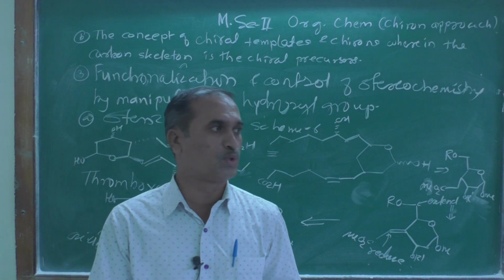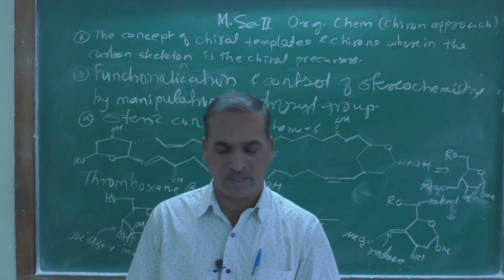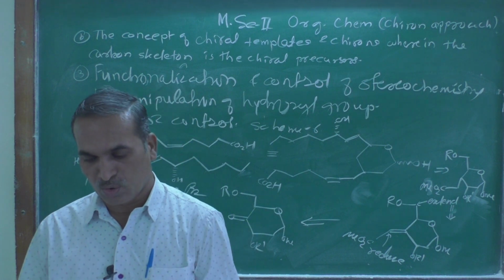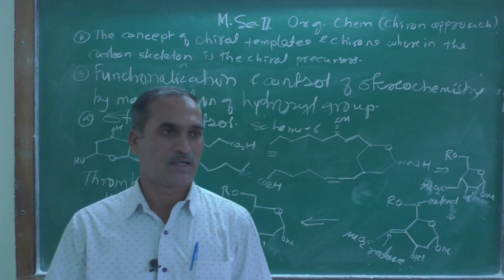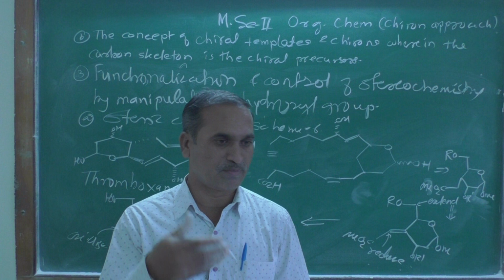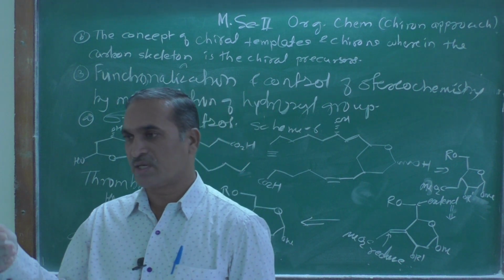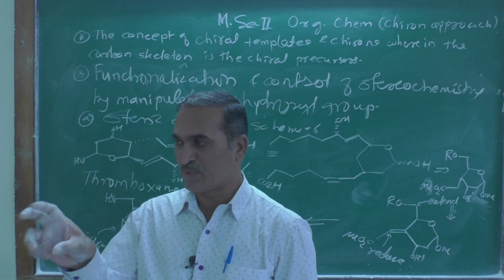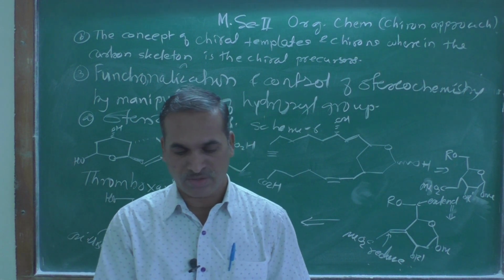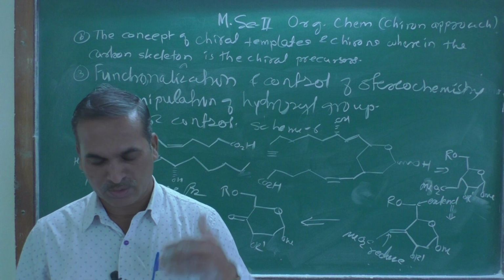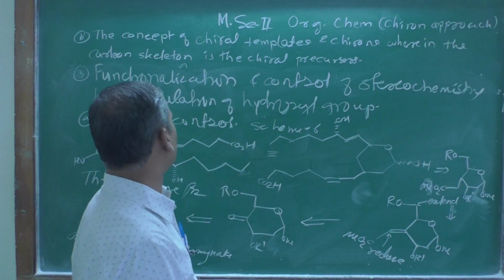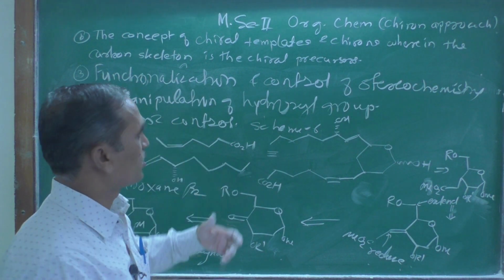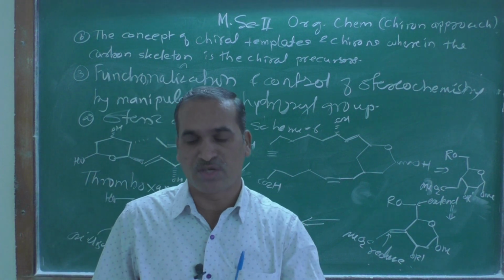I already told you that stereochemistry plays a very important role in biochemistry. Most biological compounds are chiral in nature, and therefore to study this type of terminology, steric control is essential to study these compounds.